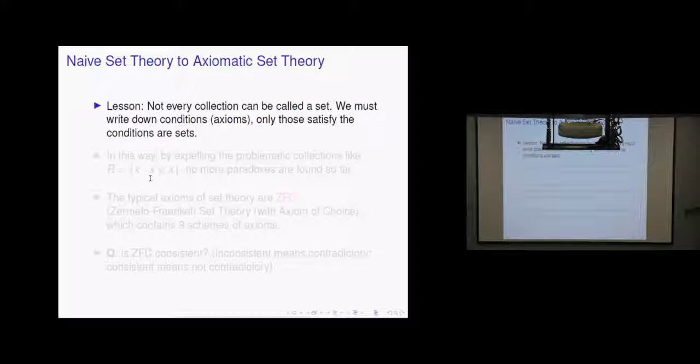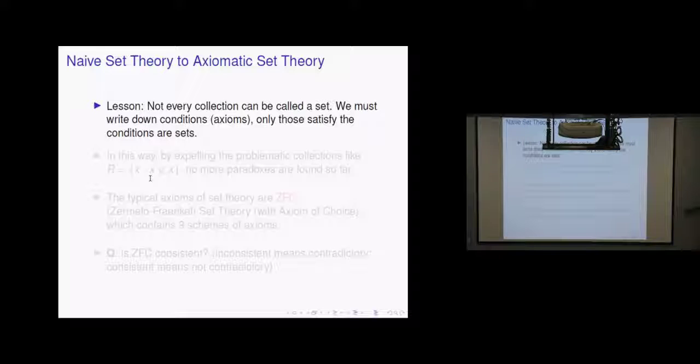Russell himself had some ideas. He used his type theory and so on and so forth. But the lesson people learned is that not every collection can be called a set. Naive set theory somehow is too naive because any collection, any property will give you a set. That's too naive. We cannot be so generous. So not every collection can be called a set.